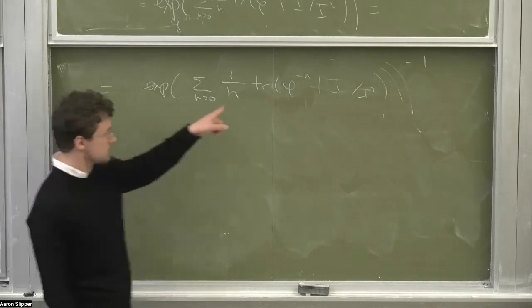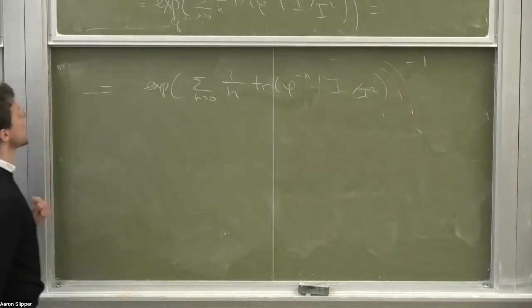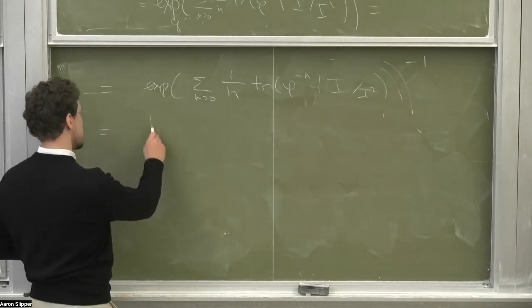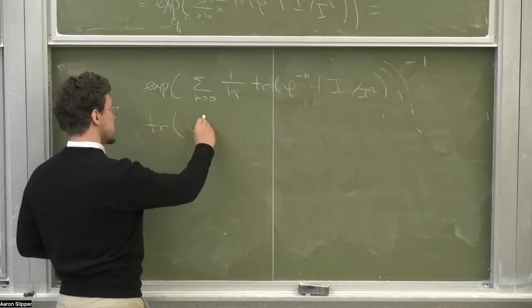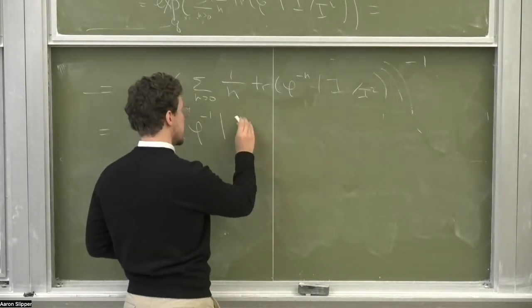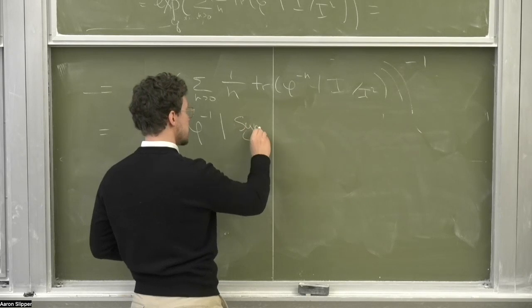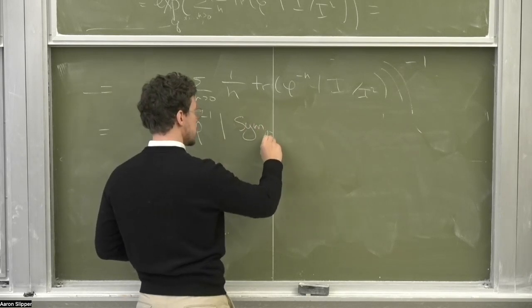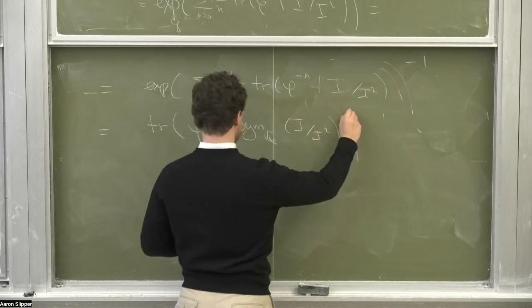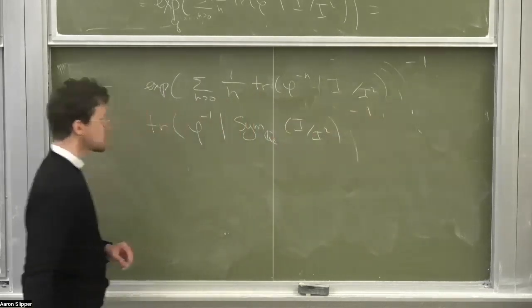But in this sum, you can now recognize this is the same as computing the trace of Frobenius inverse acting on the symmetric algebra of I modulo I squared.